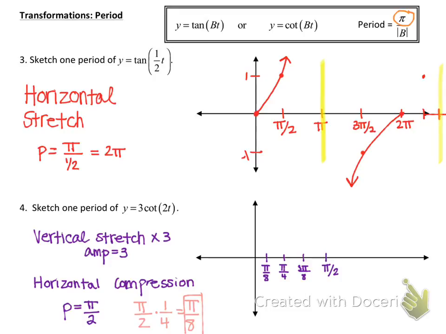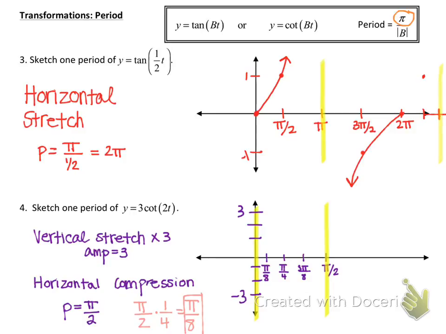Since it's cotangent, it does not go through the origin, so that's where I have an asymptote at 0. And then I have one period after that, so at pi over 2, I will have another asymptote. So since it's cotangent, I have an amplitude of 3 and -3.